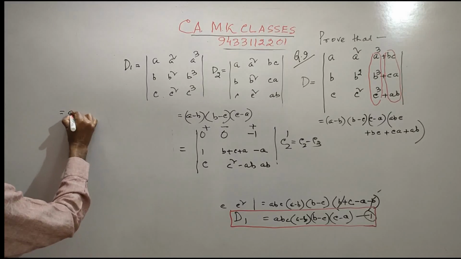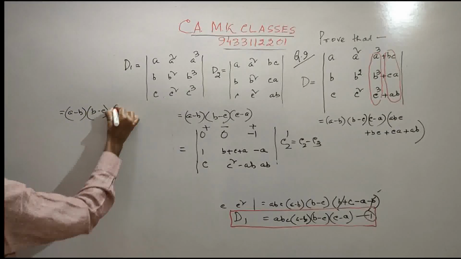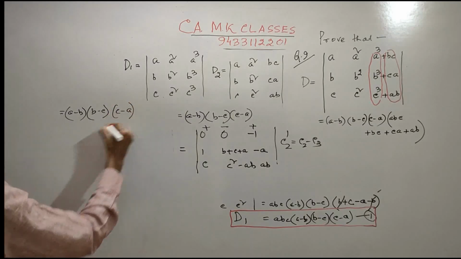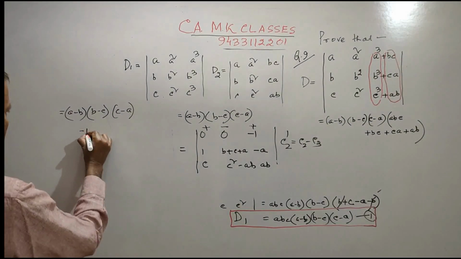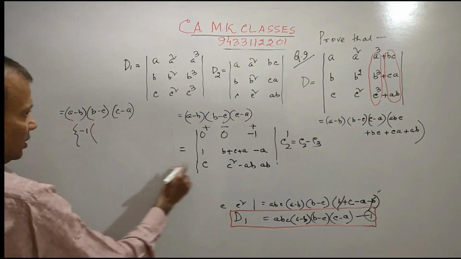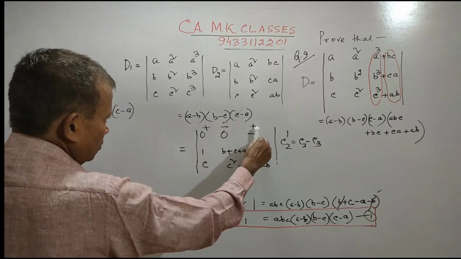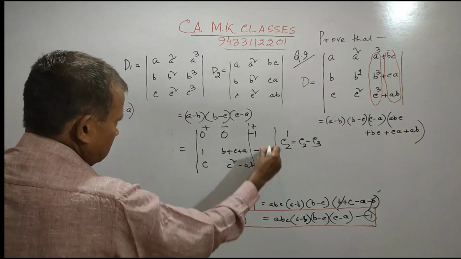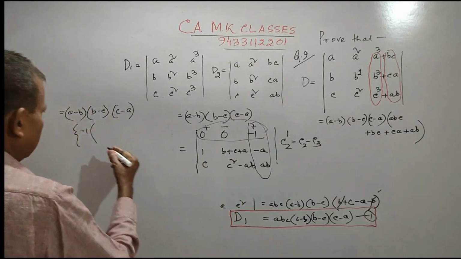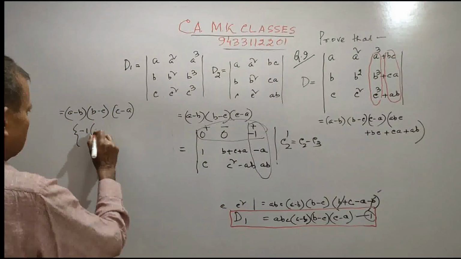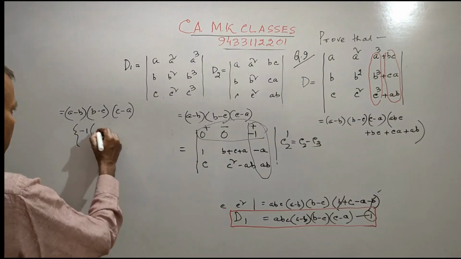So this will be a minus b, b minus c, c minus a, plus minus minus, so minus 1. Close this column and this row, close this column and this row, only this remains here, 1 into c square minus ab.